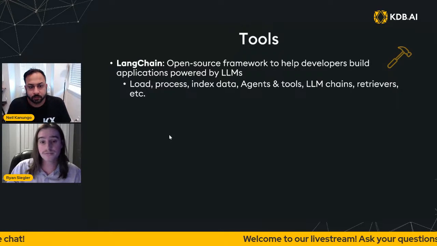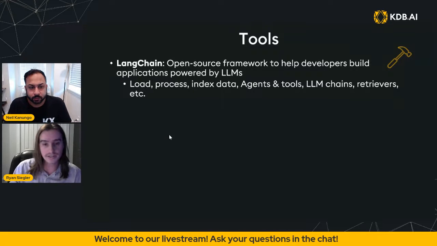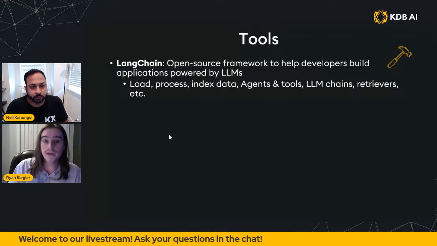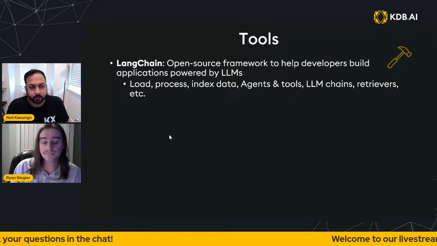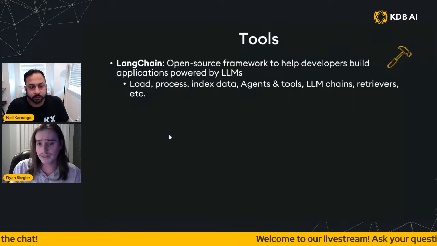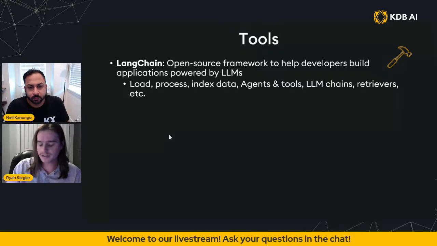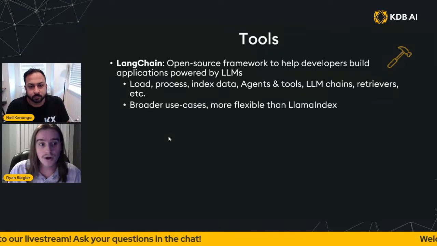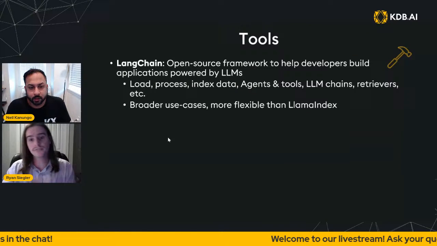There are all sorts of different things that you can do with this, like loading and processing, chunking your data, indexing your data, agents and tools, which help with decision making and next steps within your RAG pipeline, and then LLM chains and retrievers. There's a ton of different use cases that LangChain covers, but it's really meant for these broad use cases, and there are many different things you can do.